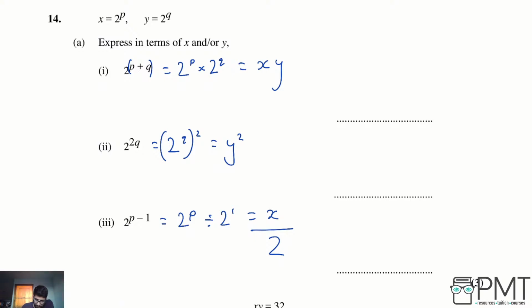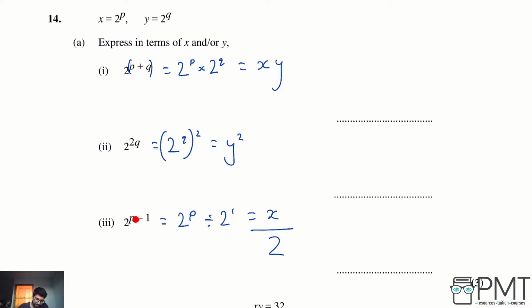So you say, if I had 2 to the p times 2 to the q, I would have added the powers. Because of that, you can write 2 to the p plus q as 2 to the p times 2 to the q. You should be able to recognize that if the powers are added, it's a multiplication with the same base.